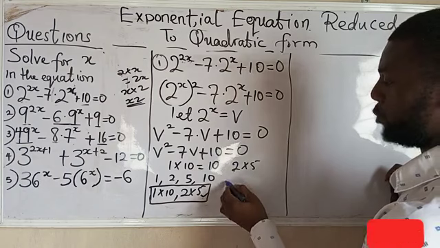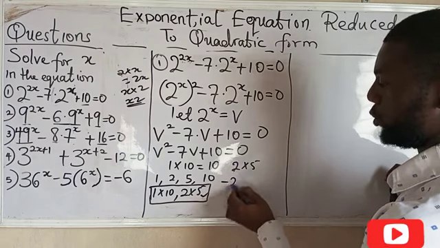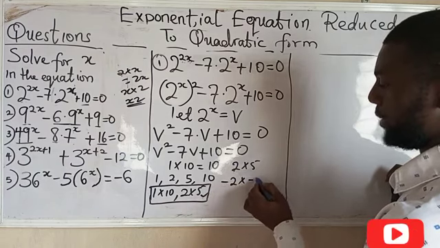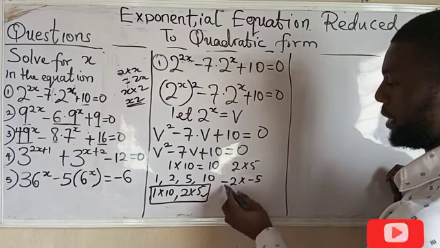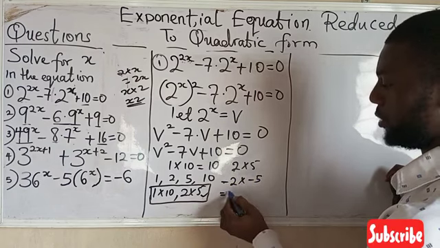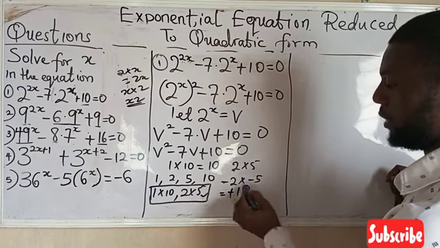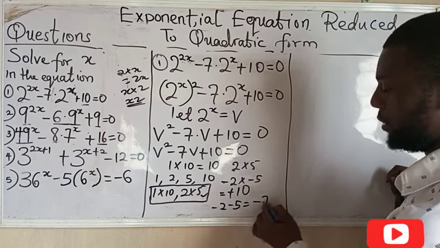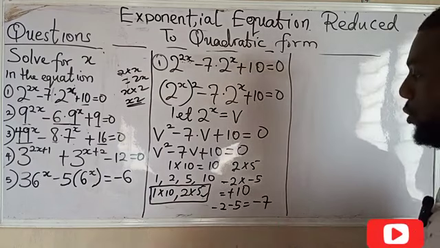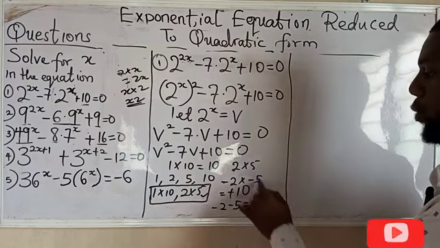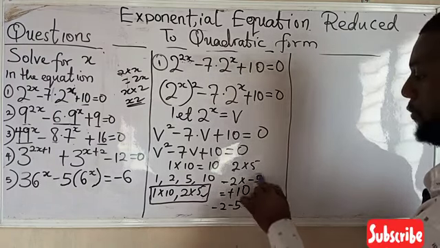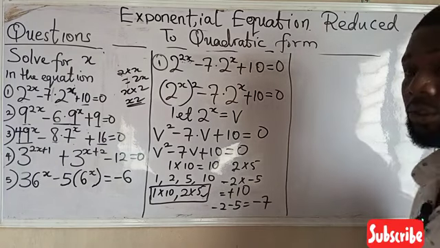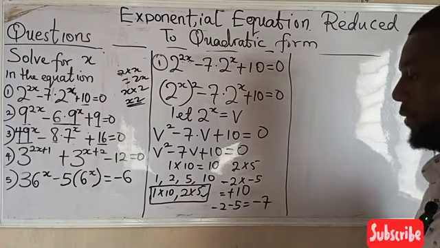I know that if I put minus 2 times minus 5, then minus times minus is plus, and 2 times 5 is 10. Then minus 2 minus 5 will give me minus 7. So we have found two factors that when you multiply, give us positive 10, and when you add, give us negative 7.